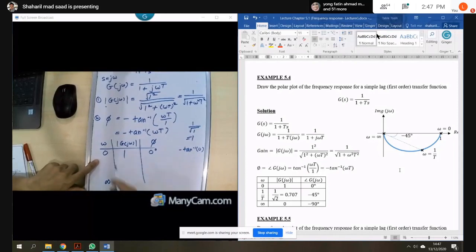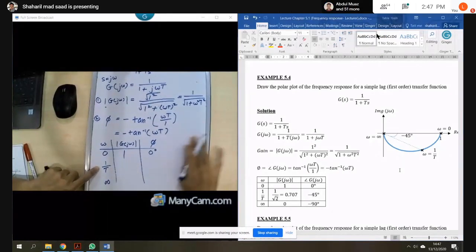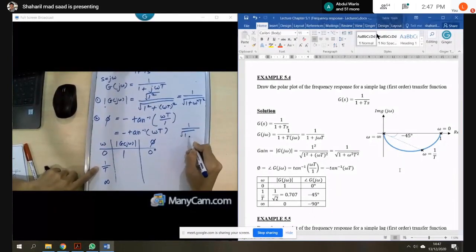Alright. Then to make this simple, we can put omega equal to 1 over T here. So for omega equal to 1 over T, for the gain, the T cancels, that means 1 over square root of 1 plus 1, which is 1 over square root 2.